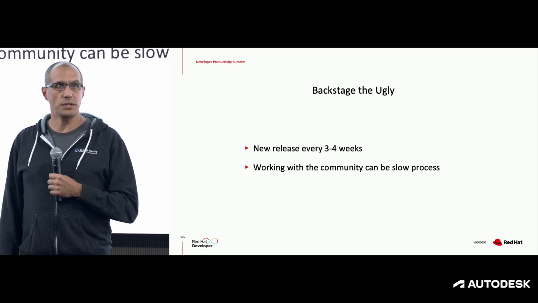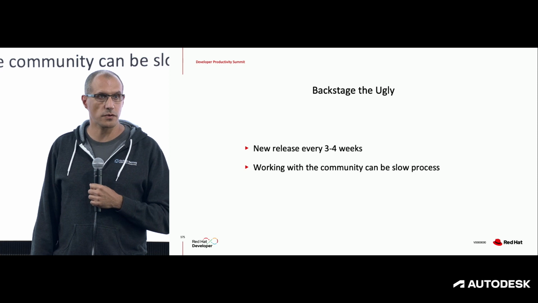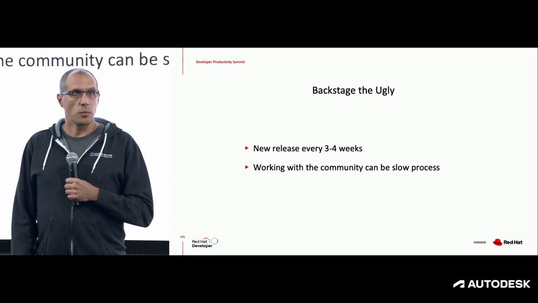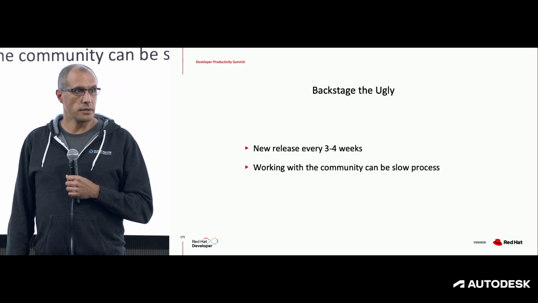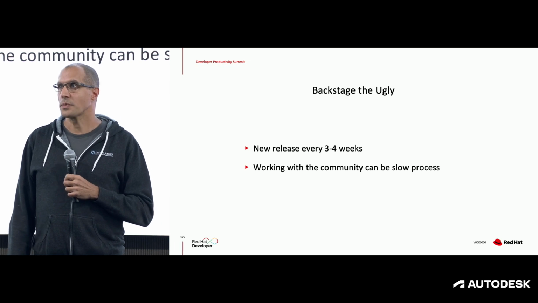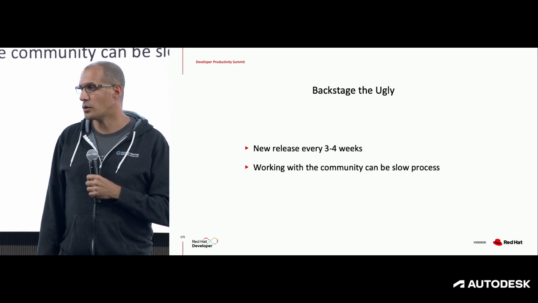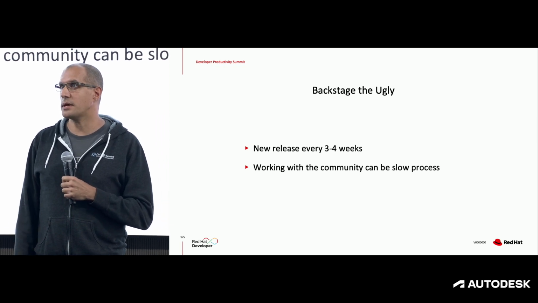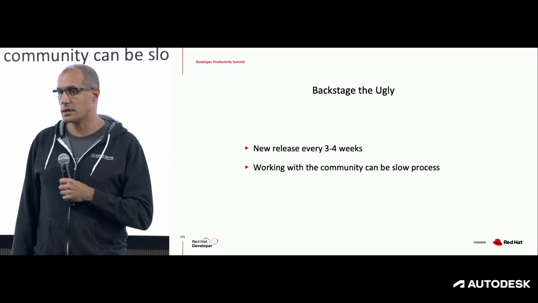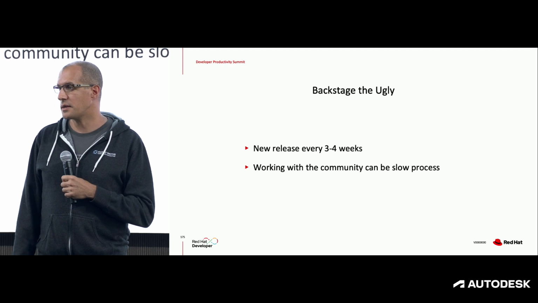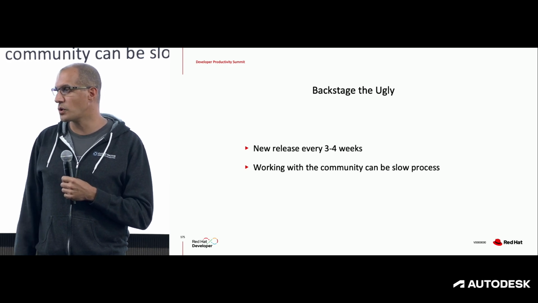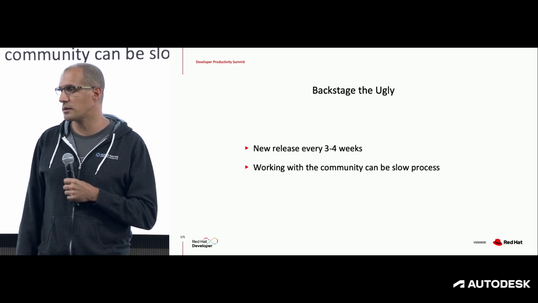And working with the community can be a slow process. When I say the community, that would be the upstream project. So if you want to alter an existing functionality or even add a major feature, then you have to write an RFC on the GitHub issues, and then that has to be approved. Someone will have to work on it, maybe it's you working on that feature.